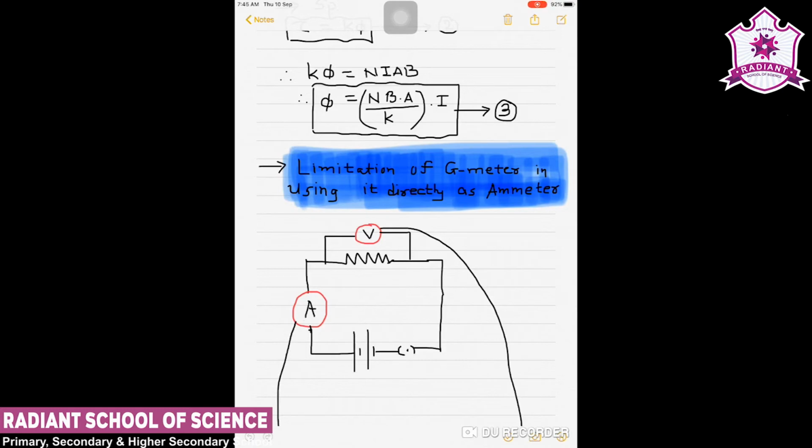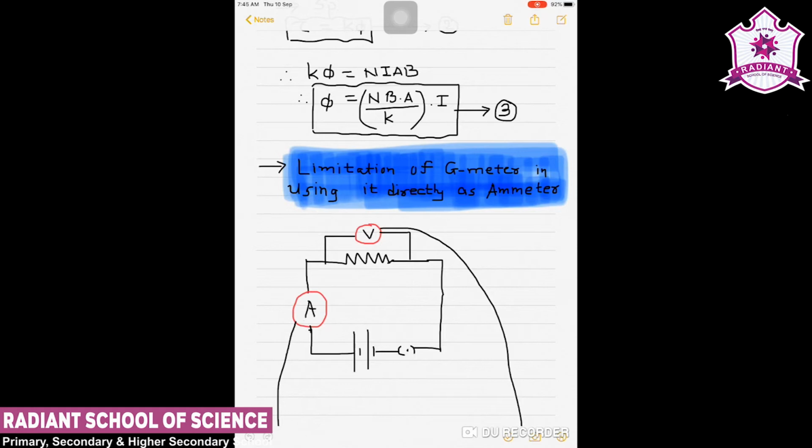So what are these limitations? There are basically two reasons. First, a galvanometer is a very sensitive device. If we give it a very small current, in microamperes, then it will give a full scale deflection just due to a microampere current.